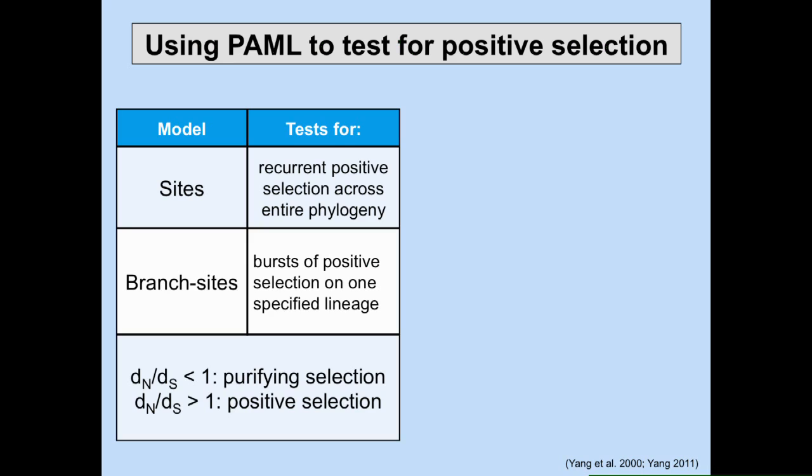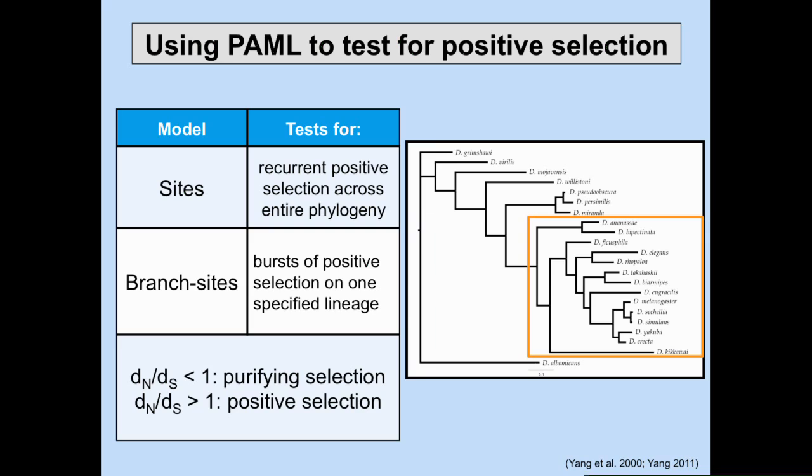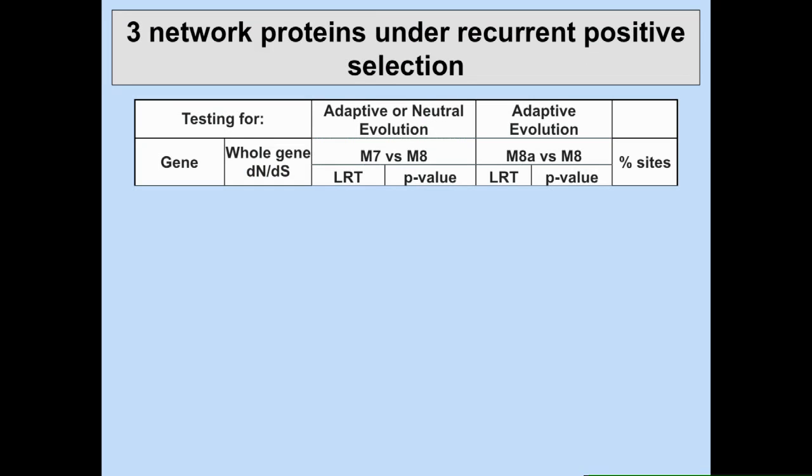Again, it allows for a different dN/dS ratio across the different sites in the sequence while keeping the ratio constant on the foreground lineage and the background lineages each. We tested specifically the site test within the melanogaster group because synonymous site saturation prevented us from good analysis on the rest of the phylogeny.